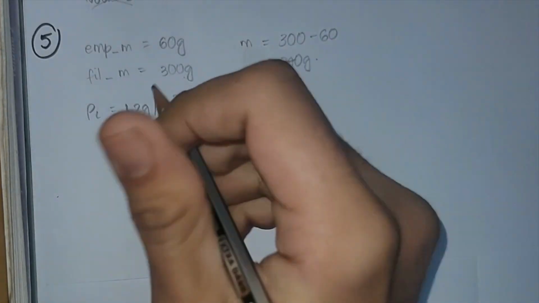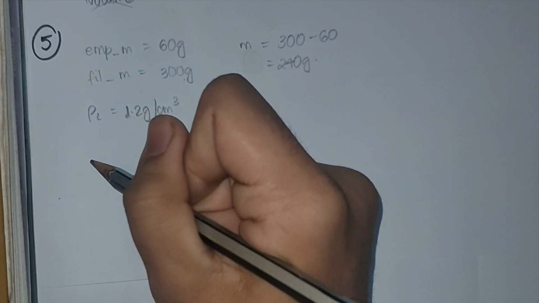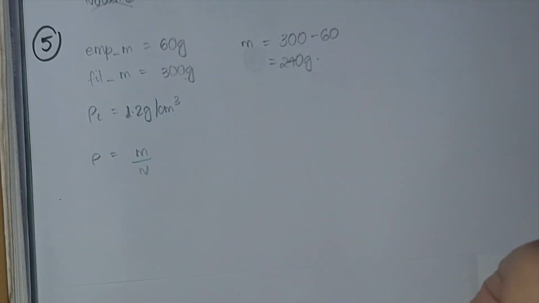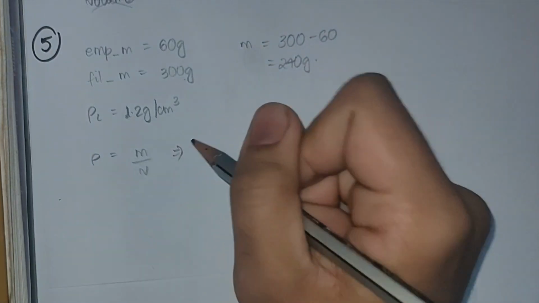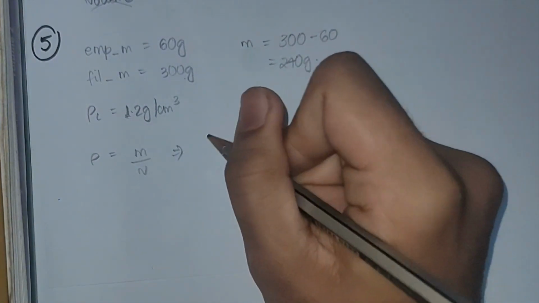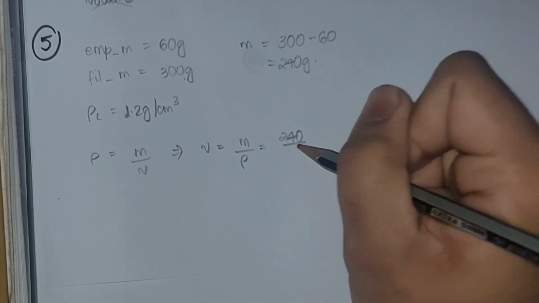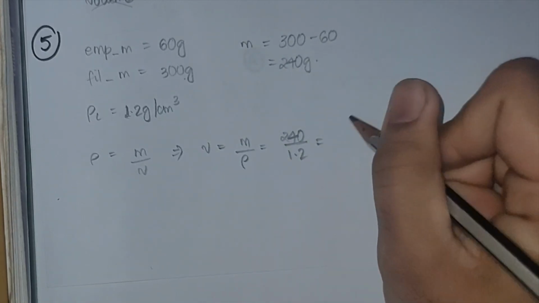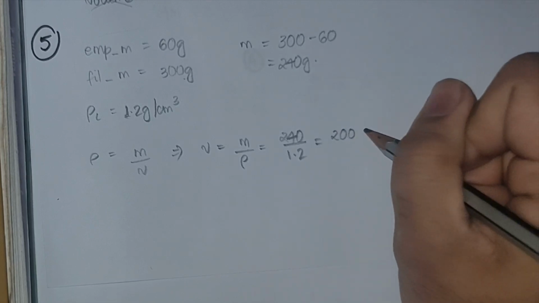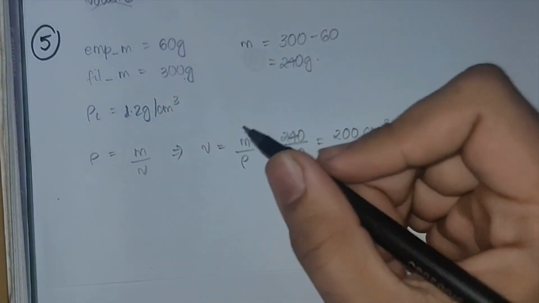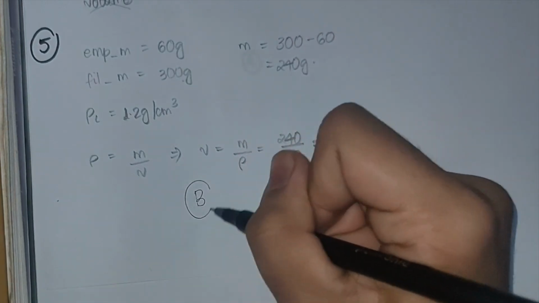We can put in the direct formula. We know that density is equal to mass by volume, which basically means this was the calculation, and therefore option B is correct.